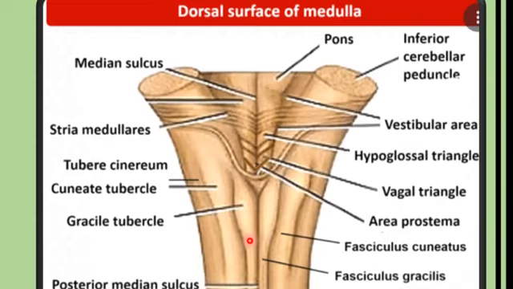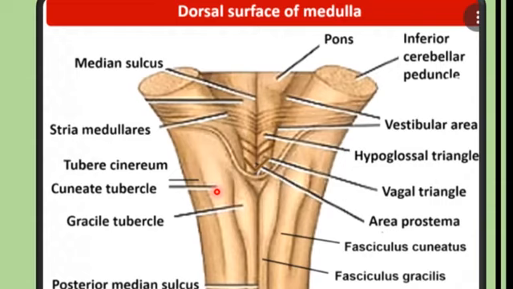If you do the same for the fasciculus cuneatus, if you trace it upwards, it also ends in another swelling, called the cuneate tubercle. Also inside the cuneate tubercle is a mass of gray matter called the nucleus cuneatus.